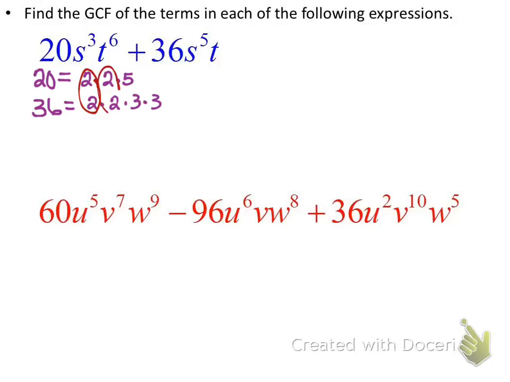Another 2. So my greatest common factor will be 4. Okay, then let's look at our variables. Do they all have an s in common? Yes. S to the what? 3. And then do they all have a t in common? Yes. T to the what? 1. Do I have to put the 1 there? No. Final answer. Good. Moving right along.